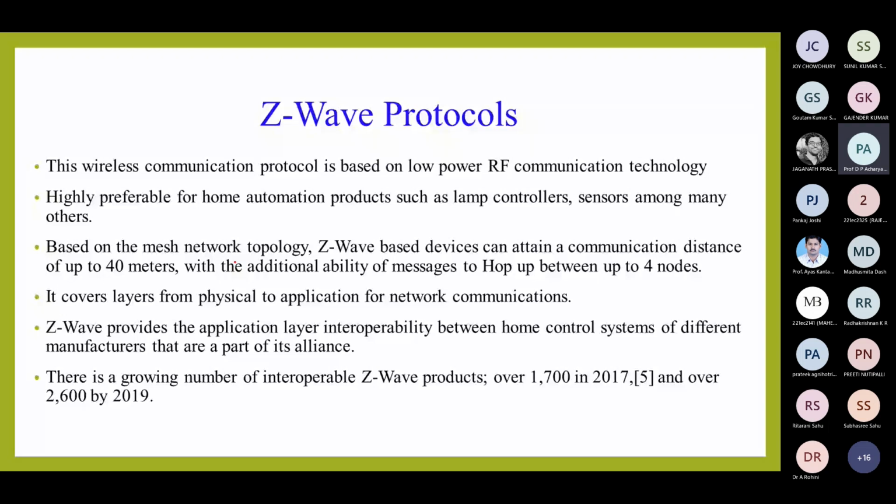So Z-Wave based devices can attain a communication distance up to 40 meters with an additional ability for messages to hop between up to 4 nodes. Z-Wave provides application layer interoperability between home control systems from different manufacturers. Since the alliance is there, many companies in fact make it interoperable.